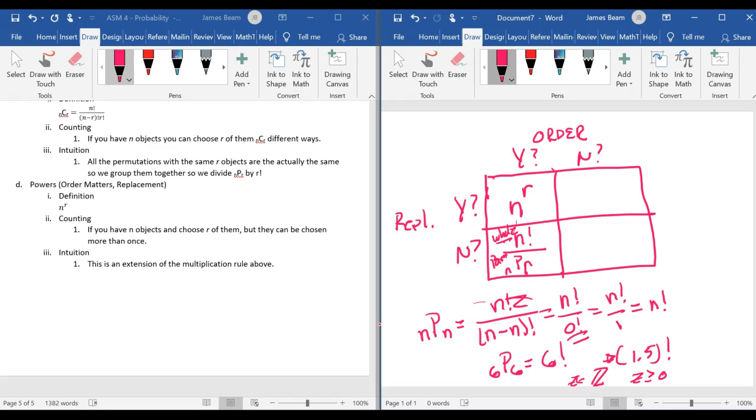I digress. The other part of the table is that we don't have replacement, but the order doesn't matter. That's nCr, right? So like dealing a deck of cards, you can't get the king twice, and this is not in this course. They love when I do this. You don't typically deal with this situation often.